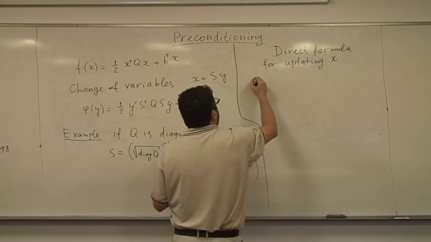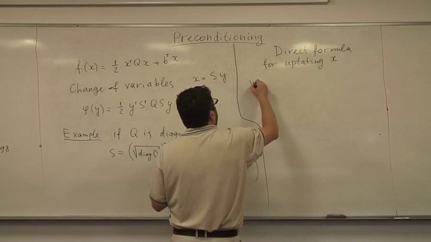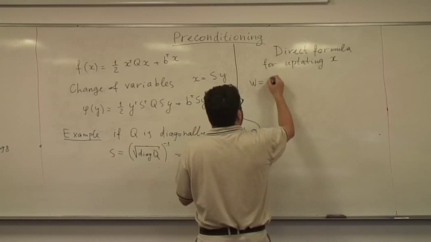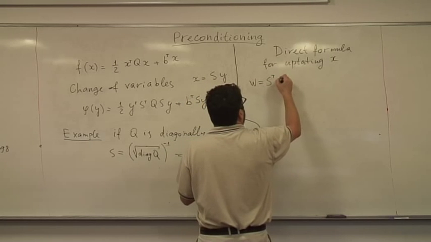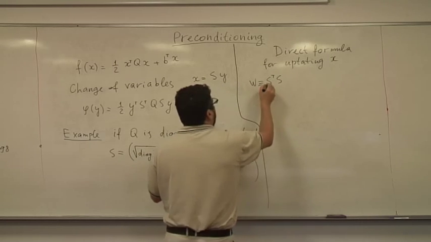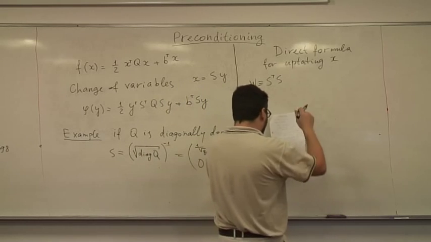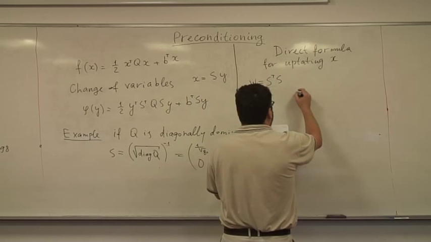For this we will denote W what was S transpose S. And actually I will write the whole method of conjugate gradient.